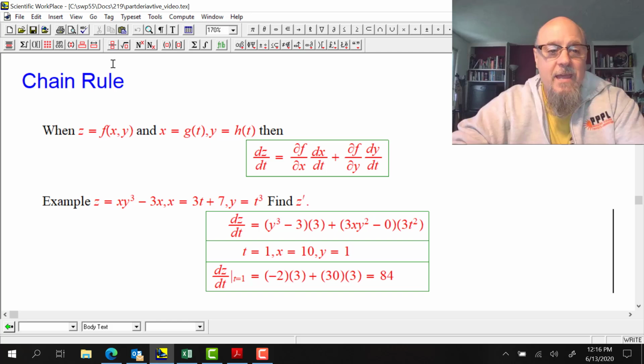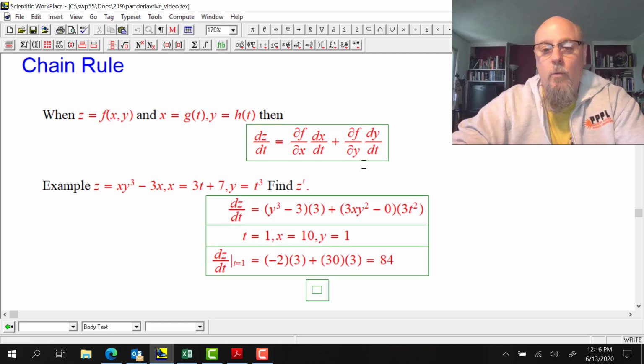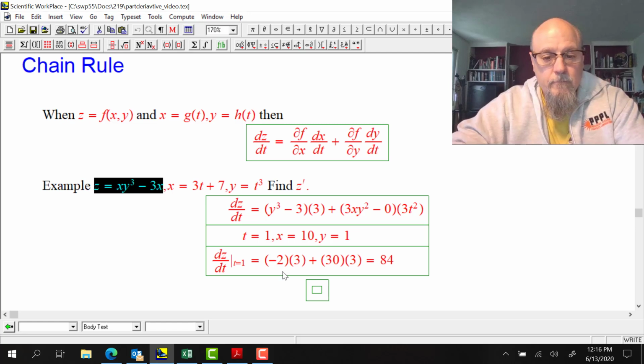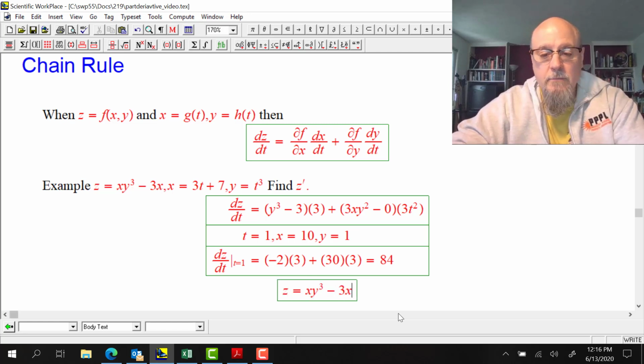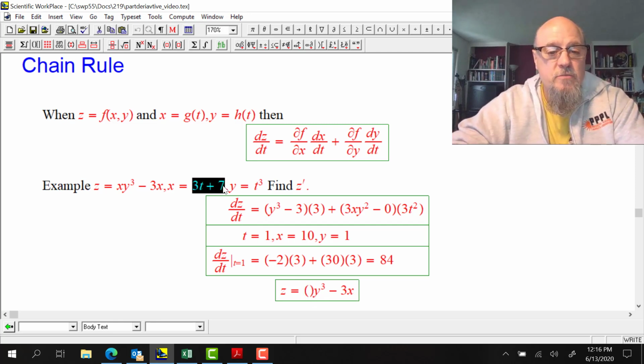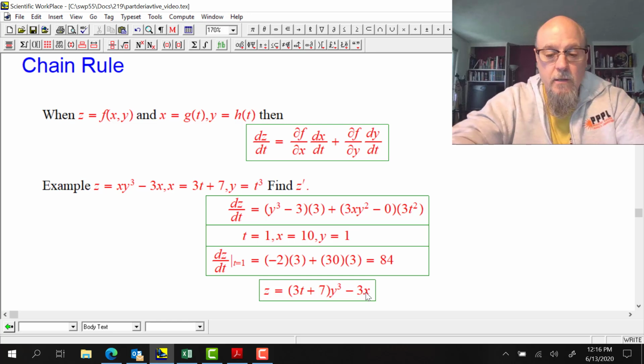So what I thought was, this seems like a lot of work, reading this whole section. If I have the z formula, why can't I, everywhere there's an x, just substitute what x is in terms of t?